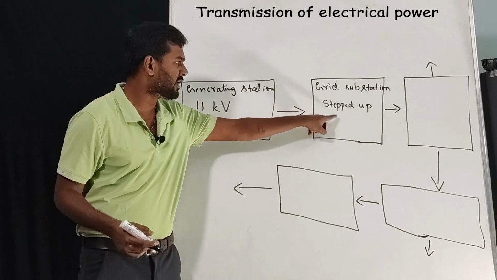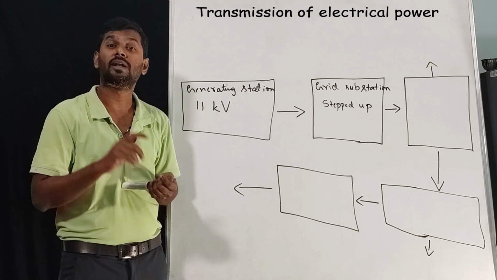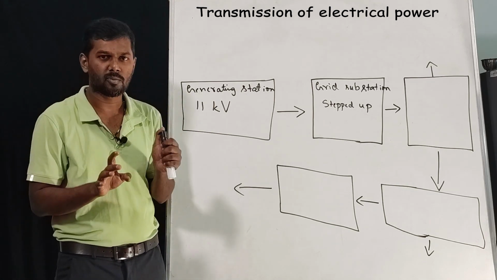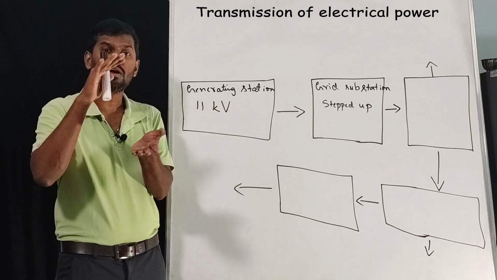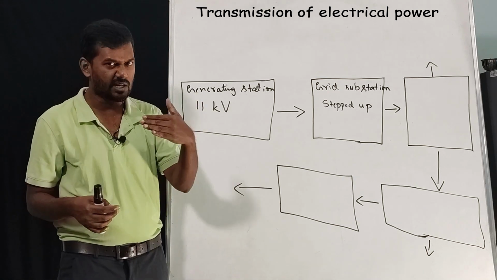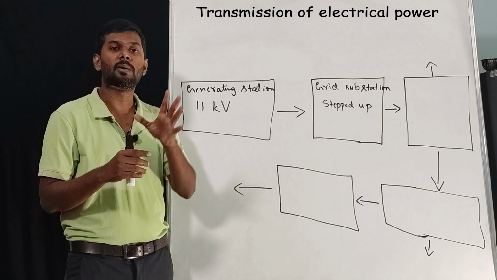Wherever we have block diagrams, we are going to use transformers. So what is the simple function of a transformer? Whatever the voltage you give, it can increase or decrease the voltage. I'll repeat it: whatever voltage I give to a transformer, its function is to step up or step down.